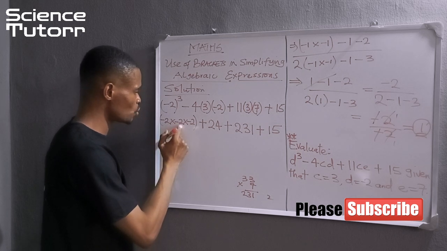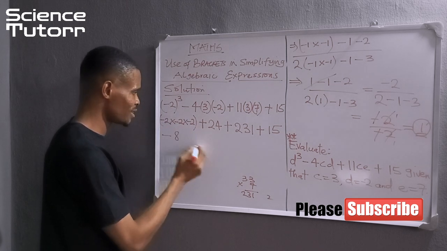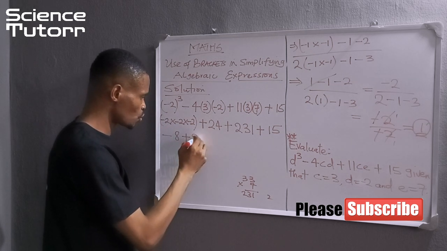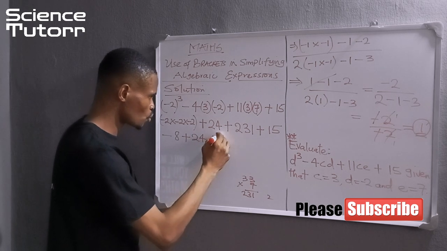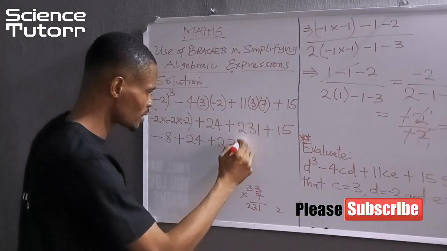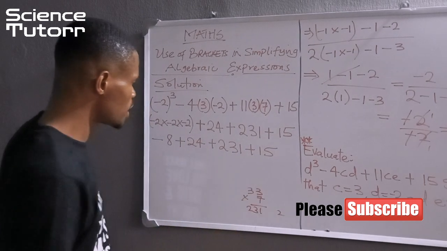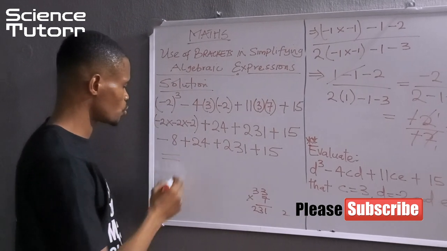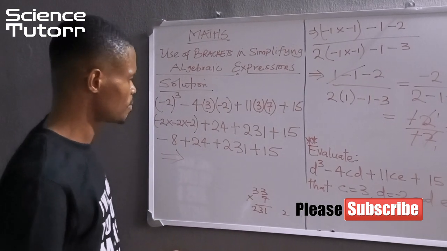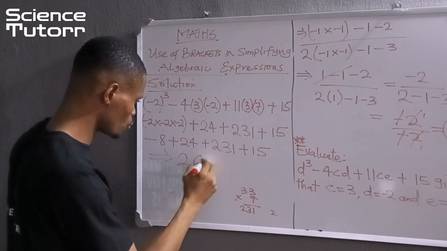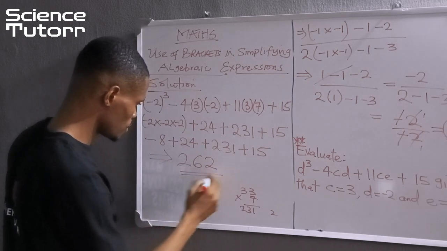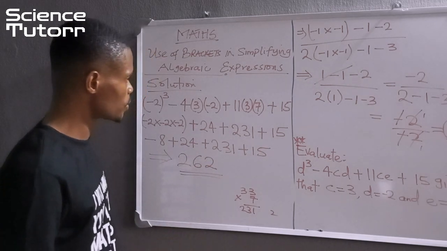So I have 2 times 2 times 2, which makes 8. So minus 8 plus 24 plus 231 plus 15. Simplifying all of these, we have our final answer, 262. That's our final result.